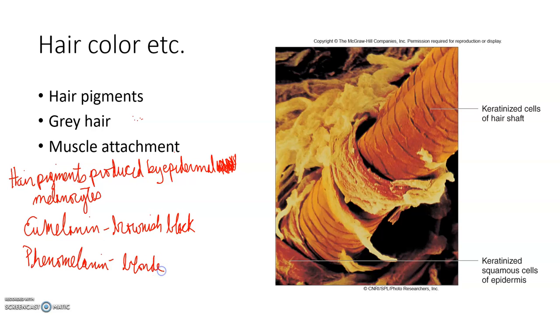B-L-O-N-D. There we go. And again, this depends a little bit on the distribution. How many phenomelanin granules are there in particular cells? Gray hairs, I'm going to go up top here. Gray hairs are a mixture of both pigmented and unpigmented cells.